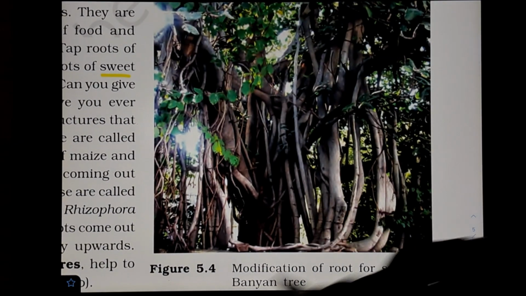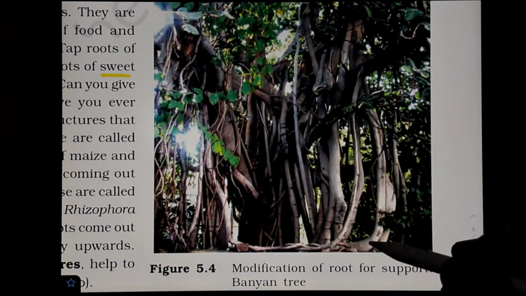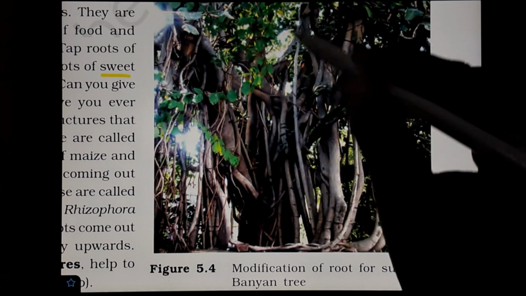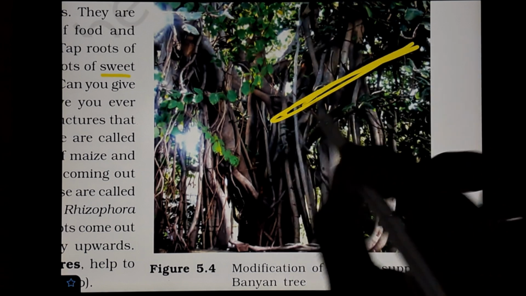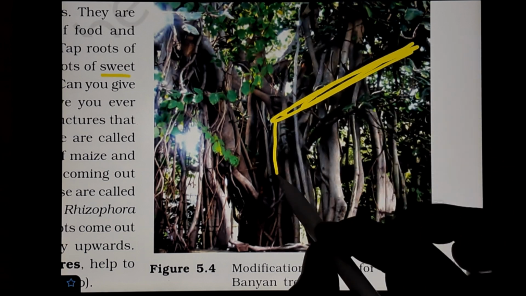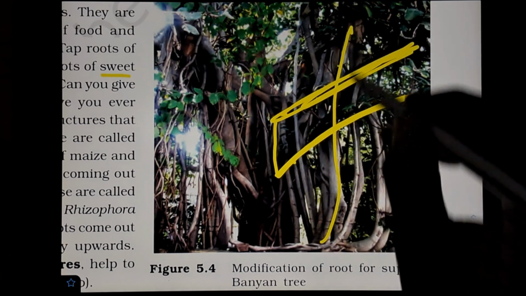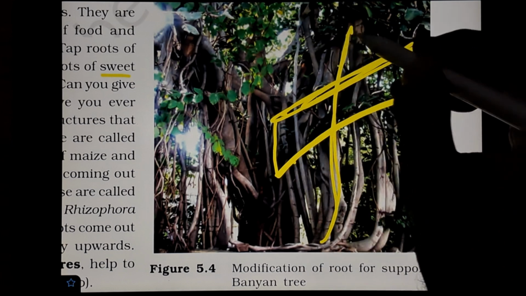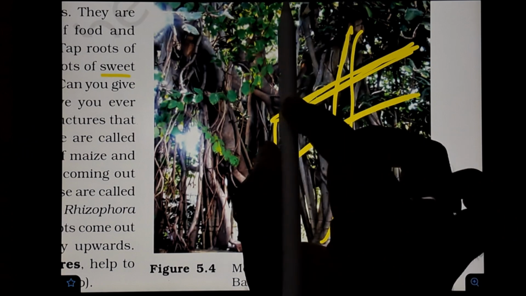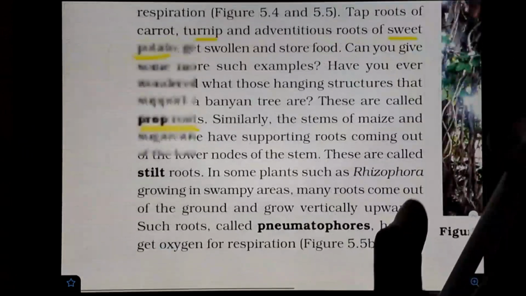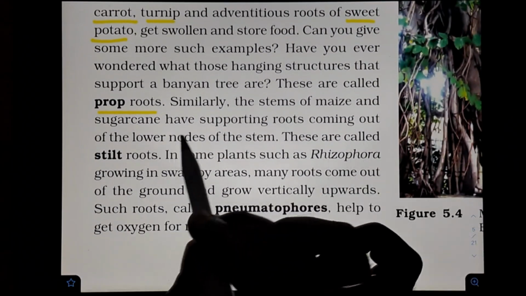Other than roots, there are many hanging ones. These hanging structures from the branches of the tree, this is a branch here, these structures from the plant are known as prop roots. Okay, hanging structures from the banyan tree.